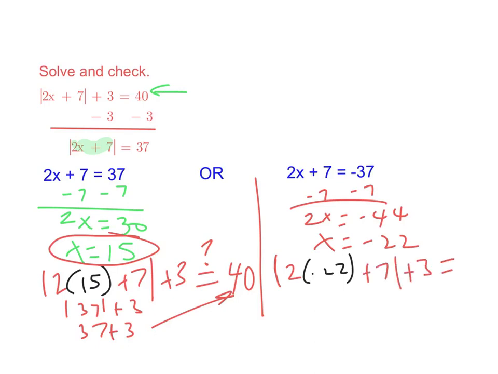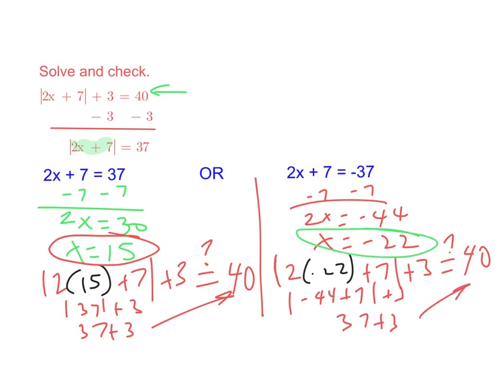We're trying to see, does this equal 40? This is the absolute value of negative 44 plus 7, plus 3. That's the absolute value of negative 37. That's 37 plus 3. It does equal 40. This one also checks, and we're good.